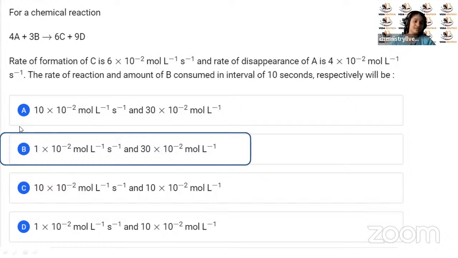Now there's one more concept that I want to discuss here, that is units of rate constant for different order reactions.